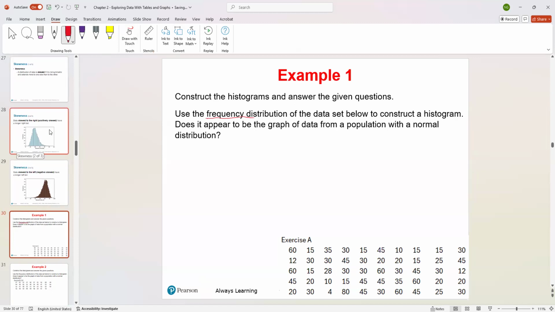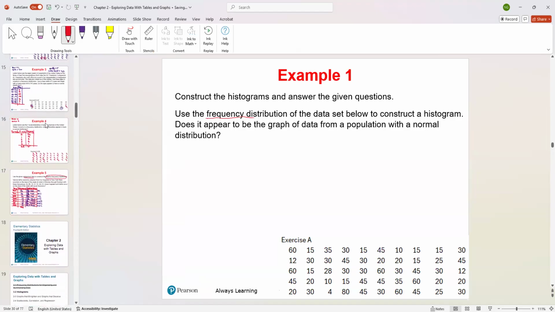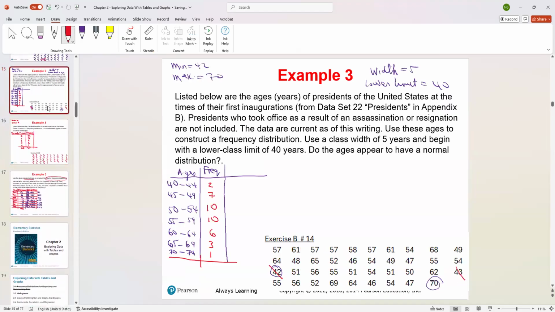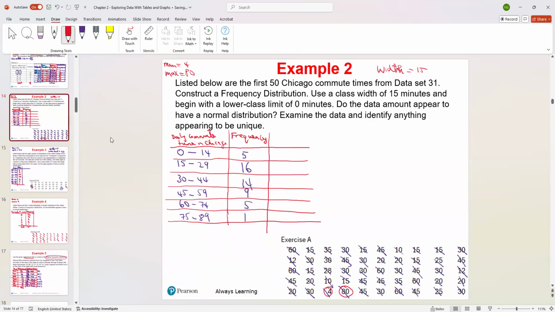What I'm going to do is go back to where we constructed it with the same data, because I'm using exactly the same data. Is it this one? Nope, not this one. I believe that's the one we used, right?